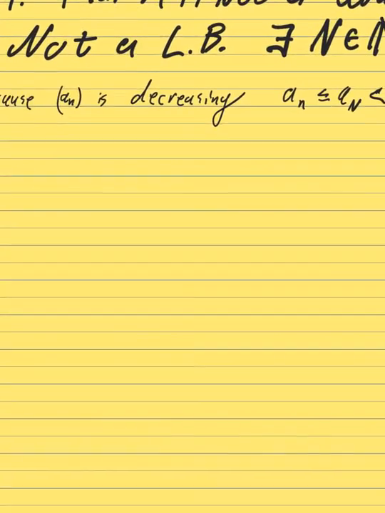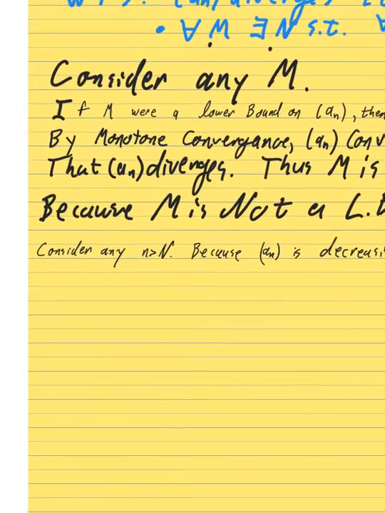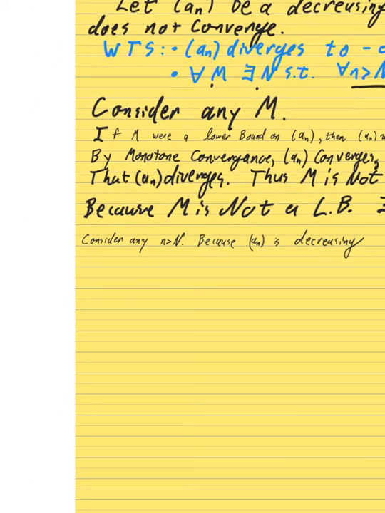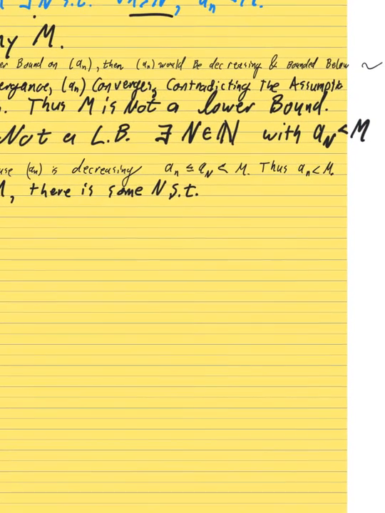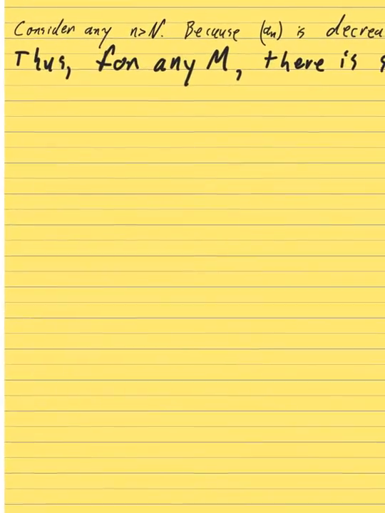And now let's tie it all together. So what have we done? Well, let's read what we did. We started by considering any big M. So for any big M, we cooked up a choice of big N. There is some big N, so that the next thing we did is we considered any little n bigger than big N, such that for any little n bigger than big N, what did we conclude?